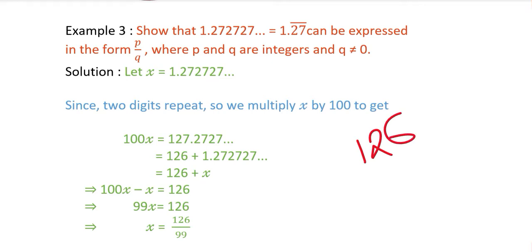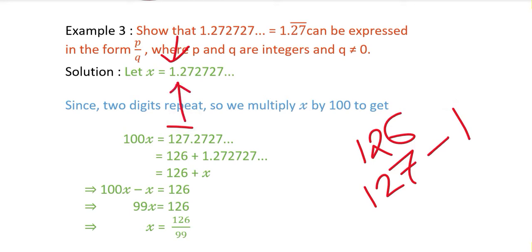So here which number did we get? We get 127. And what number do we have here? We have 1. So you just subtract this 1 from this number, and you are going to get 126. So first you write 126 and then just write the x.